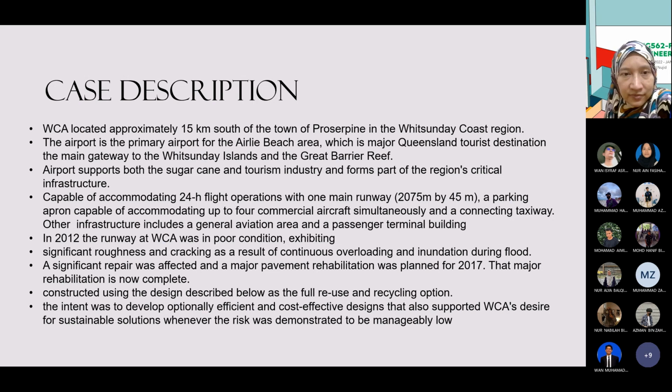The airport supports both the sugarcane and tourism industries and forms part of the region's critical infrastructure, capable of accommodating 24 flight operations, with one main runway which is 2,075 meters by 45 meters, a parking apron capable of accommodating up to 4 commercial aircraft simultaneously, and a connecting taxiway.